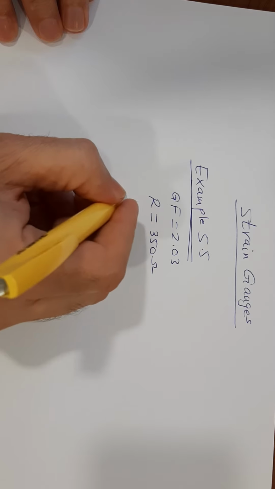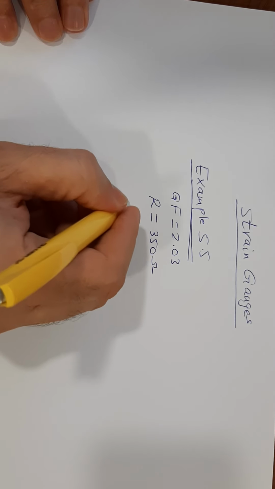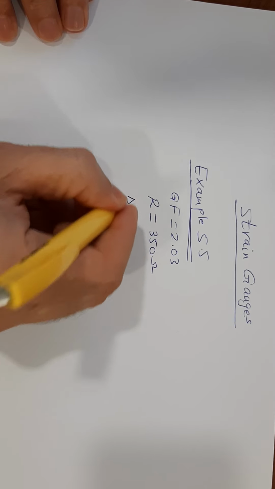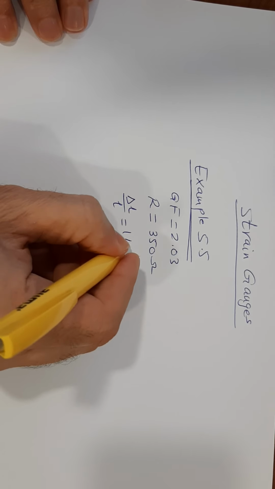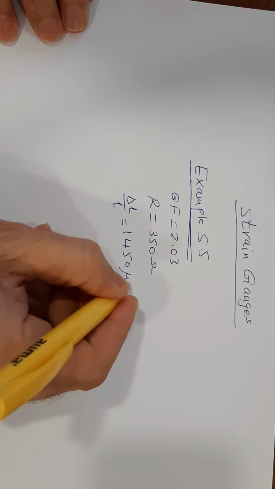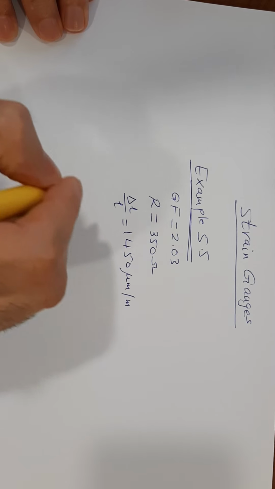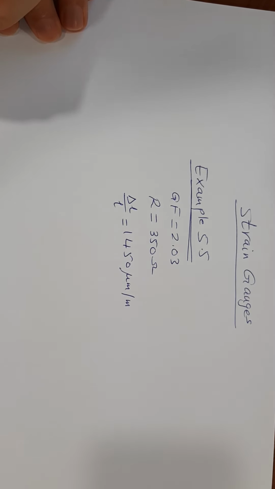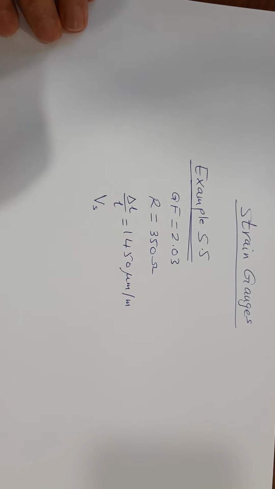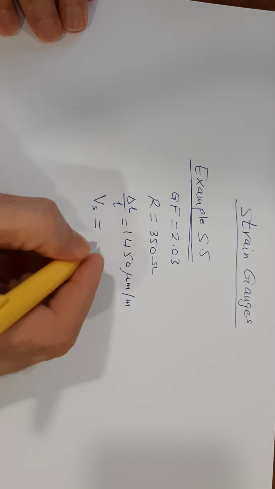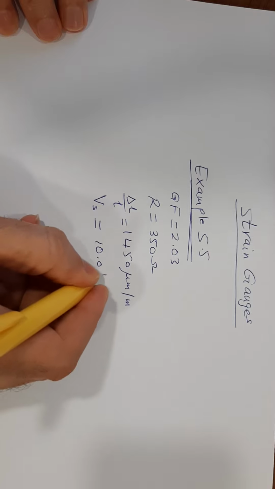If the strain delta L over L is equal to 1450 micrometer per meter is applied to this strain gauge, find the offset voltage if Vs, the excitation voltage, is equal to 10 volts.